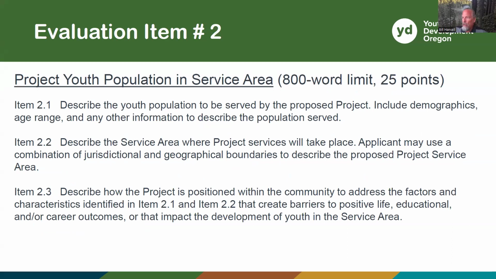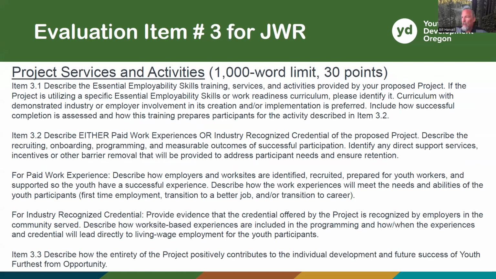Evaluation item number 2 is project youth population in the service area. Next slide, please. Evaluation item number 3 is the project services and activities. And this is quite detailed, so please refer to all parts of the item.